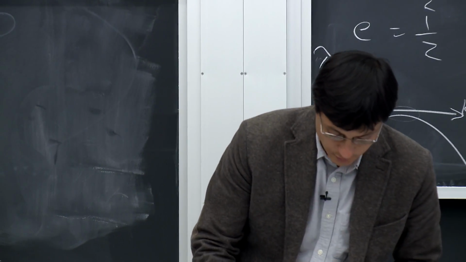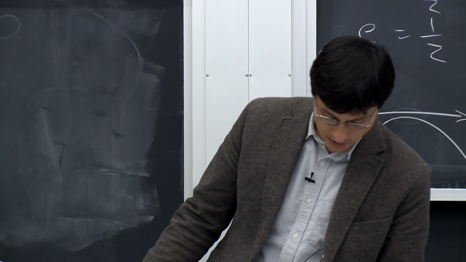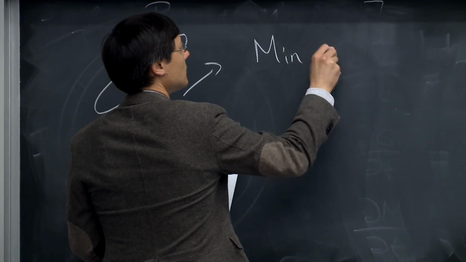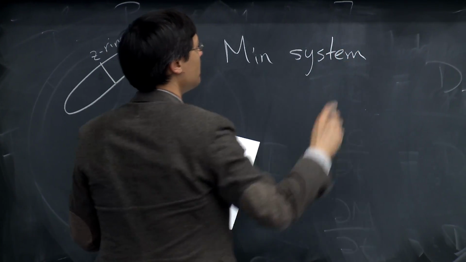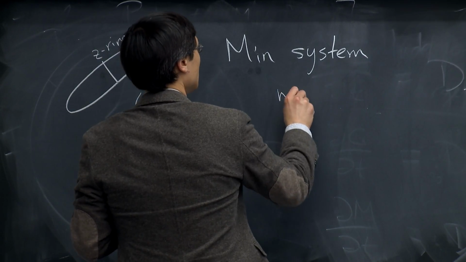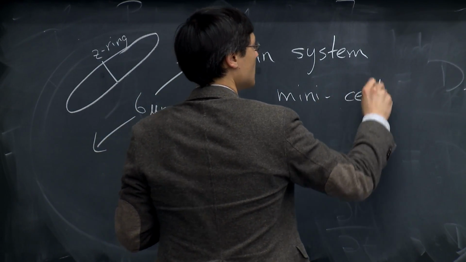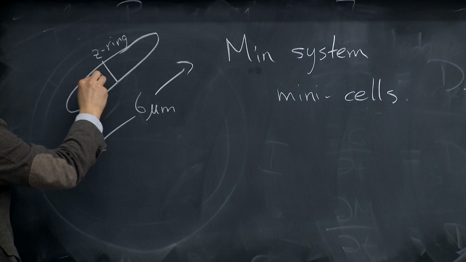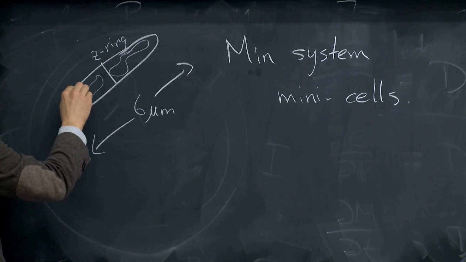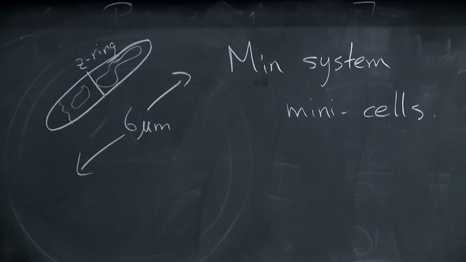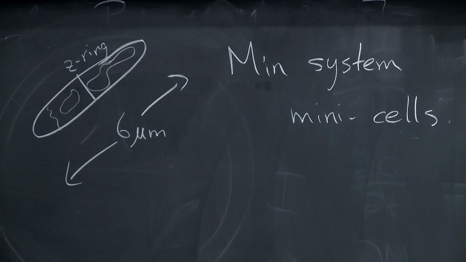And of course, like everything in bacterial genetics, it was identified by mutations. So the MIN system is called that because these mutants formed so-called mini cells. If instead of dividing in the center, where you might have 2 copies of the genome here, you divide over here, then you're going to end up with a very long cell with 2 copies of the genome, and you're going to end up with this mini cell without any DNA.